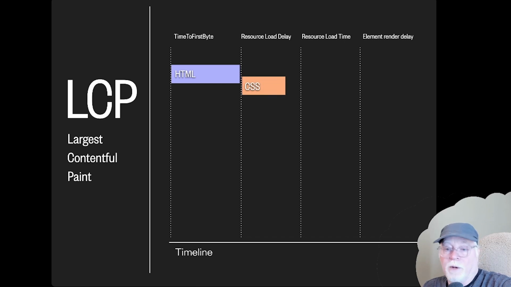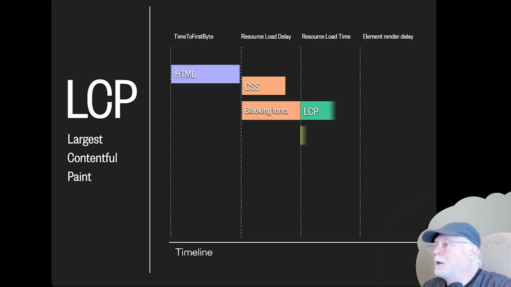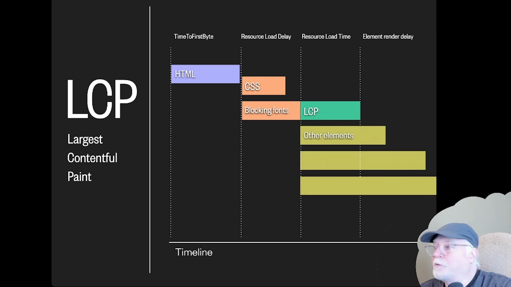Then whatever needs to load determined by that HTML document, your CSS, your fonts that are Google fonts, scripts, anything else that's going to load, anything you're trying to preload, will come up at that point. And then if you've prioritized that LCP, it should be the first thing that starts loading as a resource, and then everything else is coming along, maybe asynchronously.